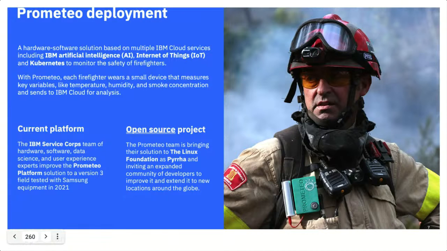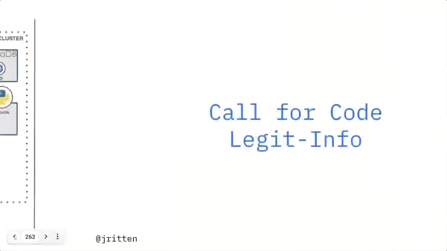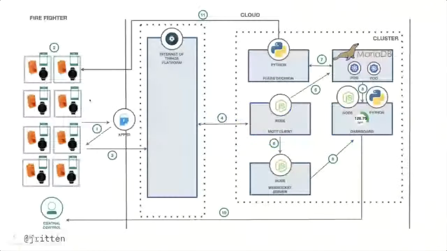Prometeo allows firefighters to wear a small device that measures key variables like temperature, humidity, and smoke concentration, and then sends it to IBM Cloud for analysis. It's using IBM Artificial Intelligence, Internet of Things, and Kubernetes to monitor the safety of firefighters when responding to natural disasters. Here is an example of the architecture.